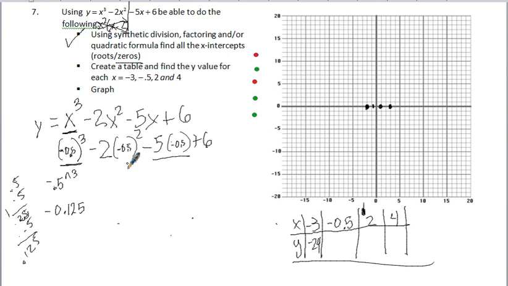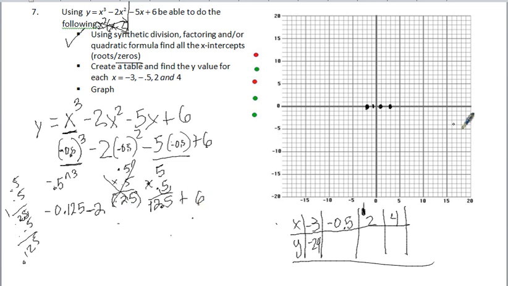And then here, I'm going to do negative 0.5 times 0.5, so that gives me 0.25. Negative times negative is positive, so I'm going to go minus 2 times that, and then I'm going to multiply this, so 5 times 0.5 is 25 with 1 decimal place, so negative and negative is positive, so plus 0.25, and then plus 6.